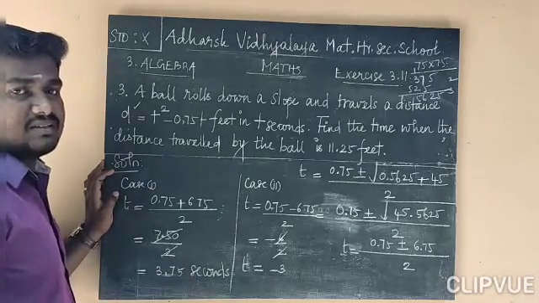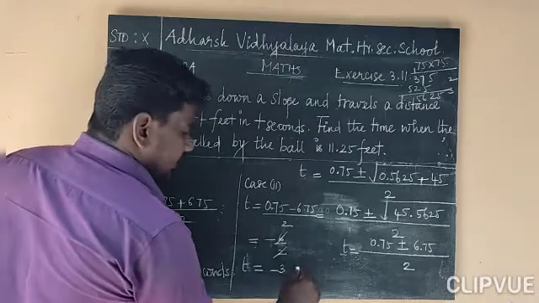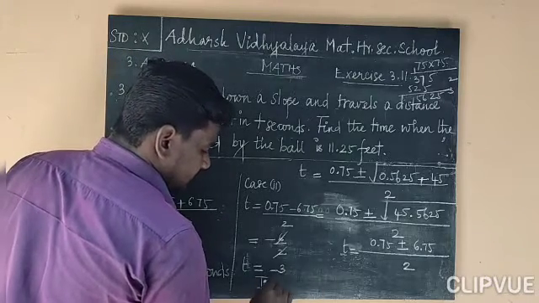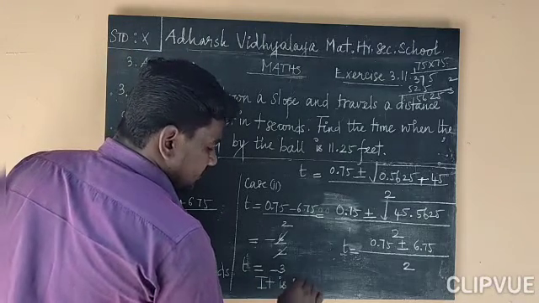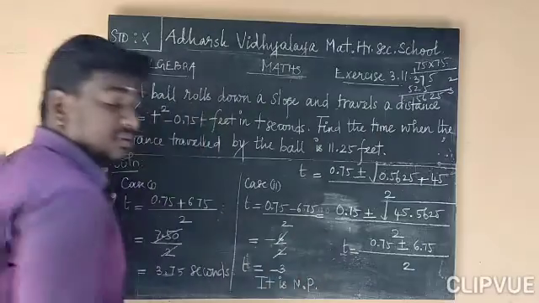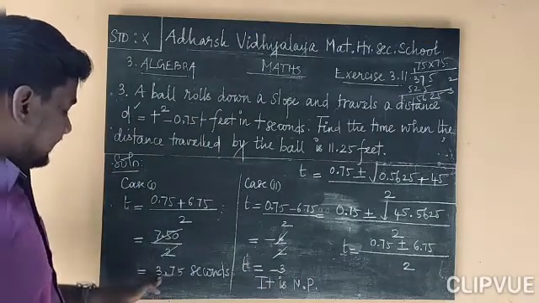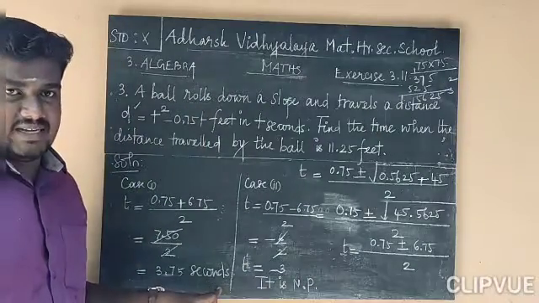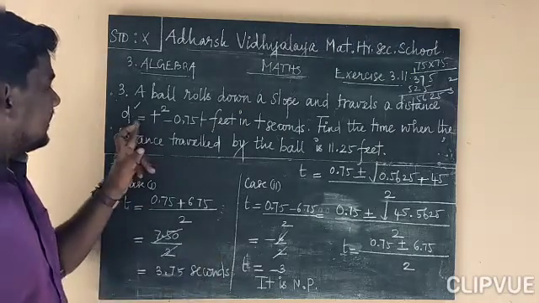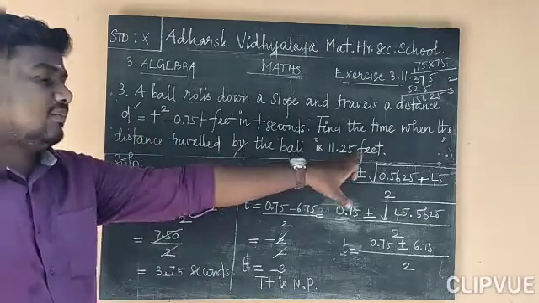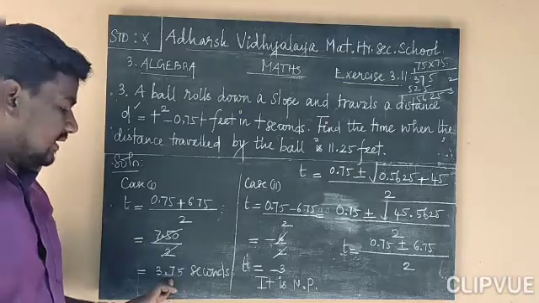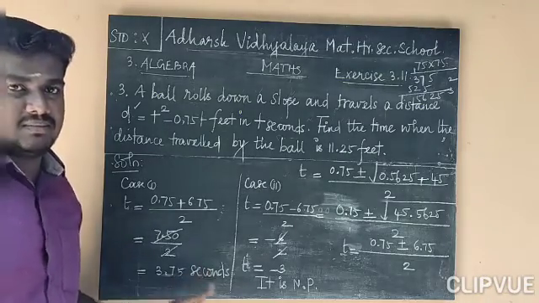Time is always considered as positive. So it is not possible. Therefore, it takes 3.75 seconds. Okay. So if D is equal to 11.25 feet, it takes 3.75 seconds.